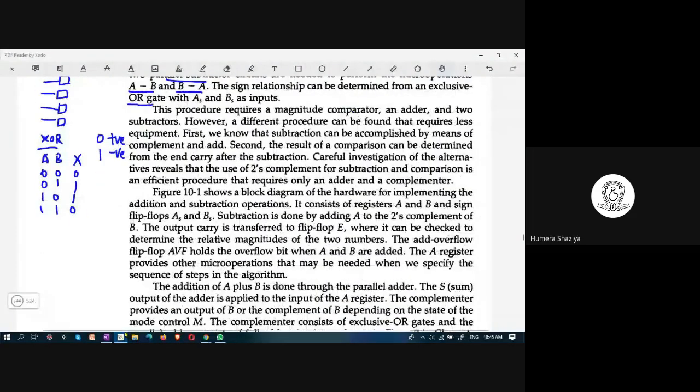The procedure is that a comparator is needed, an adder is needed, and 2 subtractors are needed. Subtraction can be accomplished by means of complement and add. Okay, how do you perform subtraction? What are the steps to perform subtraction?